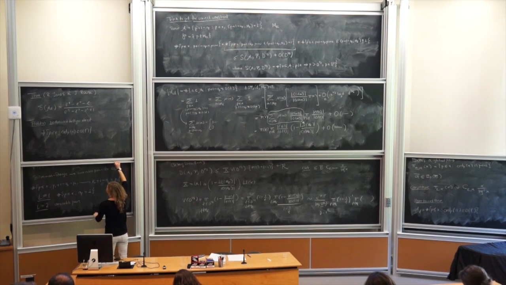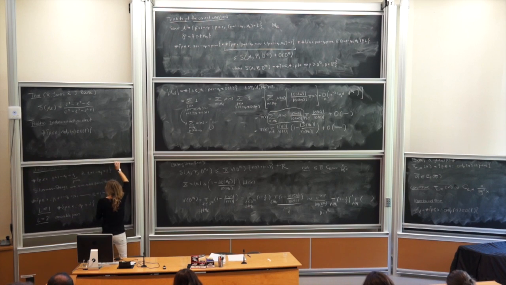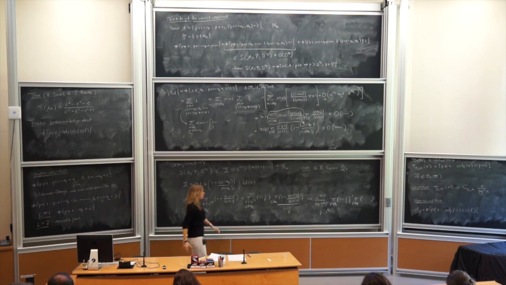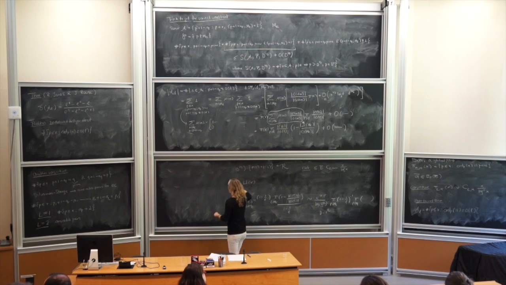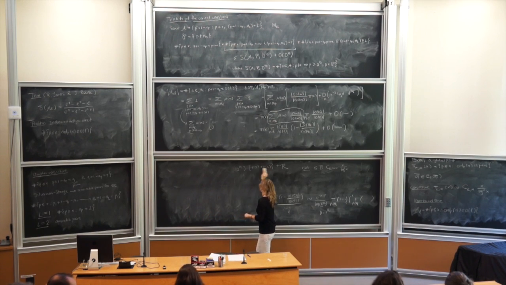And the conjecture that they made, what they said in their paper is that this should be about square root of x over log x, and this would come exactly with the same first naive probabilistic model, saying the probability of a prime is 1 over log n.